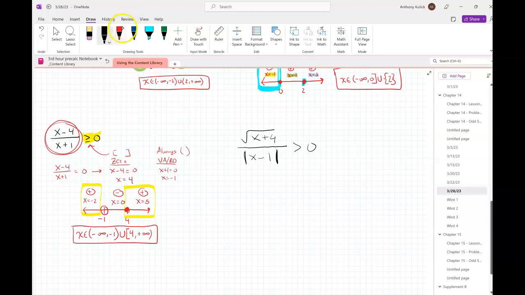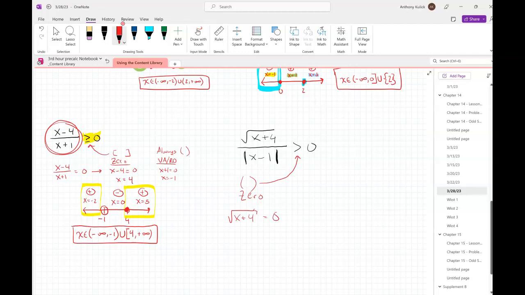Oy vey. All right, well, we'll do our zeros first. Notice that these are going to get parentheses, though. Why do my zeros get a parenthesis? Because it's a strict greater than inequality. But I find my zeros the same way every time. I just set the numerator equal to 0.